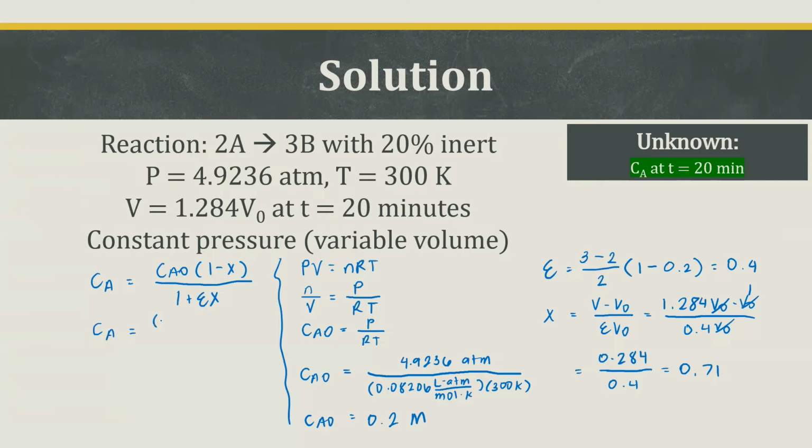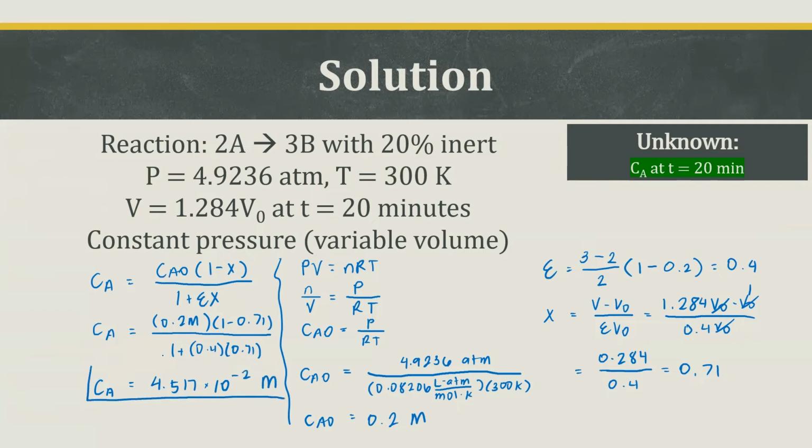Substituting the values, you should be able to get Ca to be 4.517 times 10 to the negative 2 molar. And that's our final answer for the first problem.